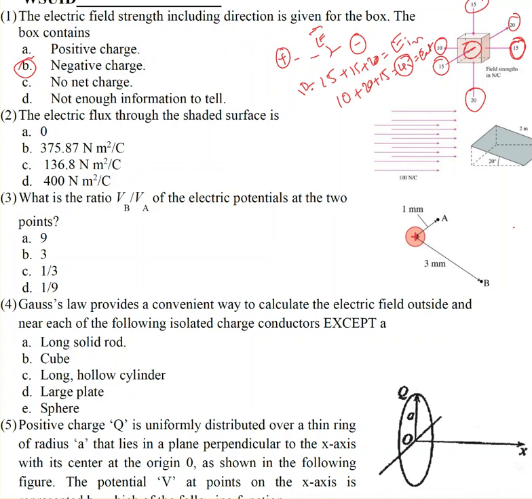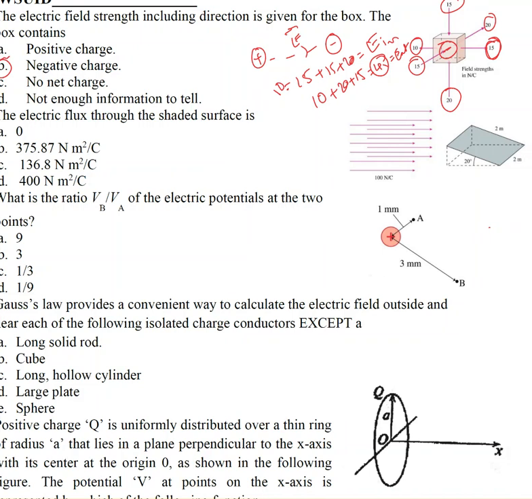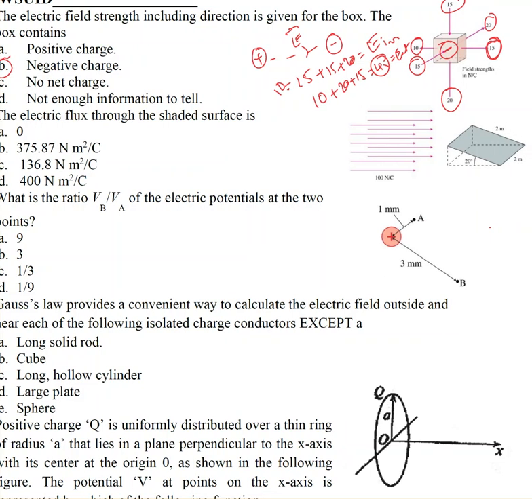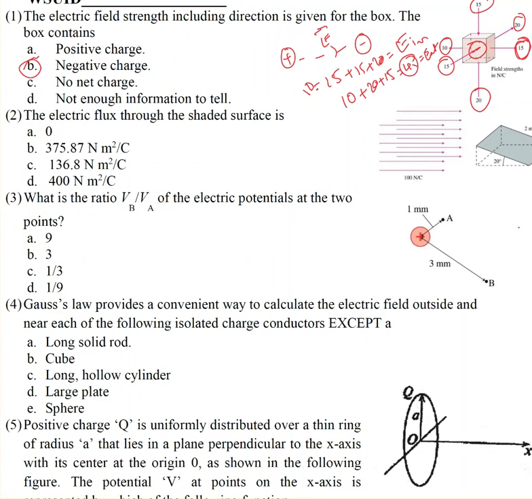Okay. Next one, the electric flux through the shaded surface. Here he gave us a square 2 meter by 2 meter, and it is making an angle of 20 degrees with the x-axis. We know that electric flux phi E equals EA cos theta, where theta is the angle between E and the normal to the area.